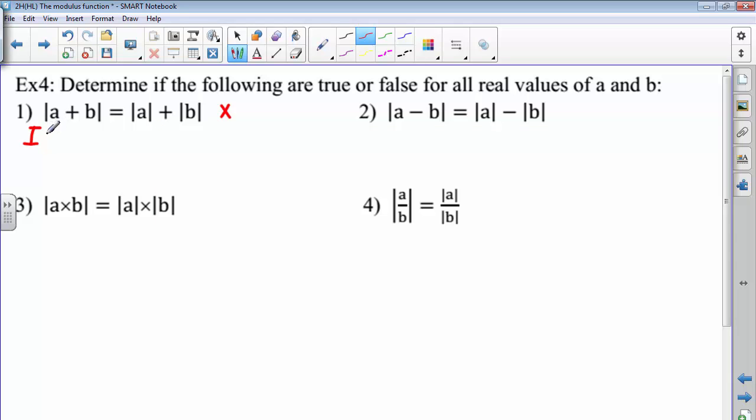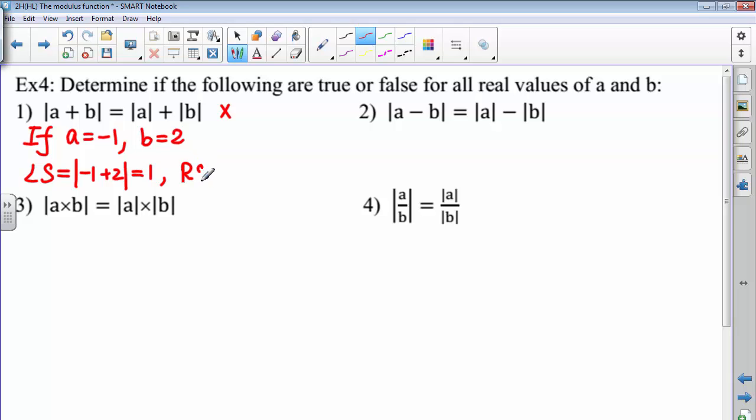For example, if a is -1 and b is 2, you will see the left side is the absolute value of -1 plus 2, which is the absolute value of 1, which is 1.